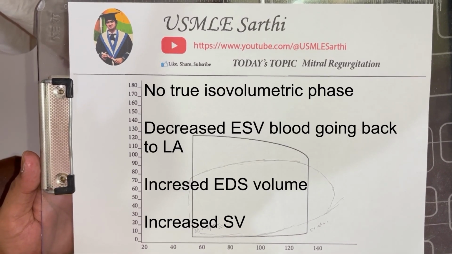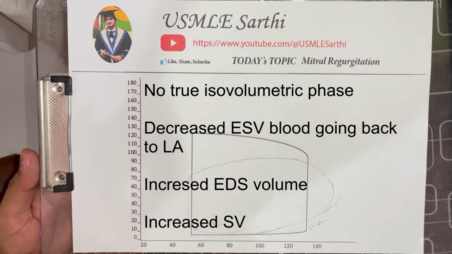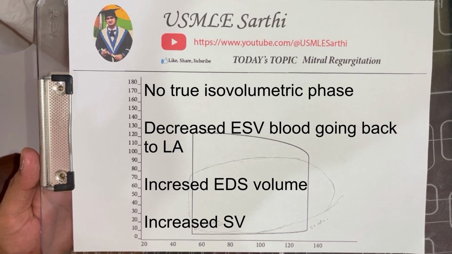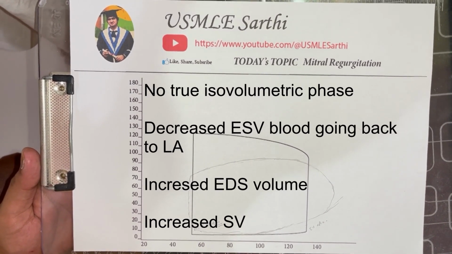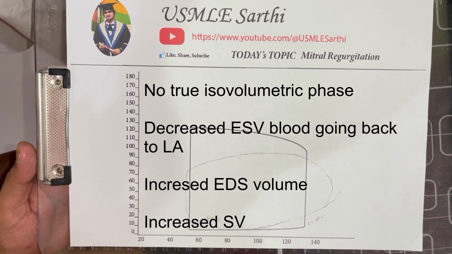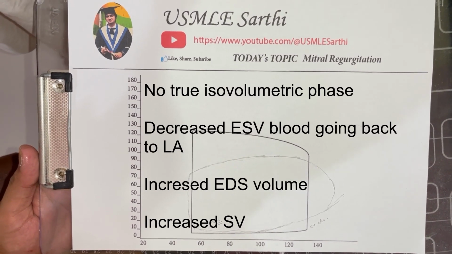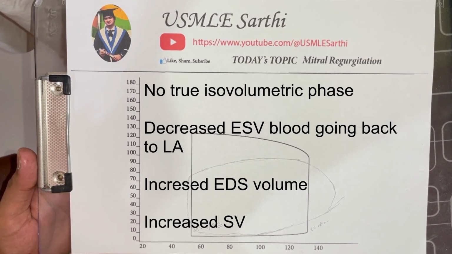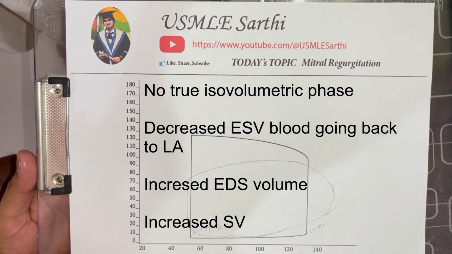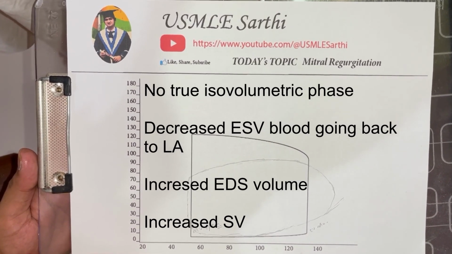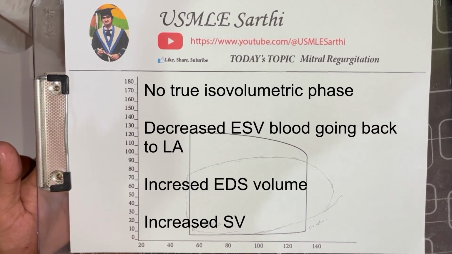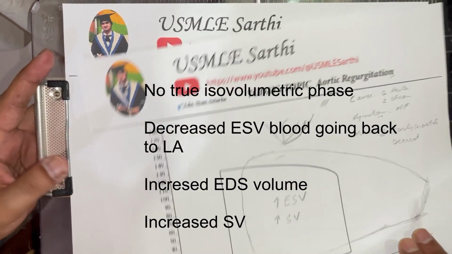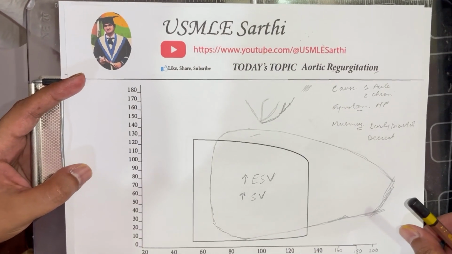There is an increase in end diastolic volume, and this is because the valve is incompetent, and as the blood comes from the lungs, it goes directly into the left atrium, and then because the valve is incompetent, it goes directly into the left ventricle. So you can see here both graphs look very similar.